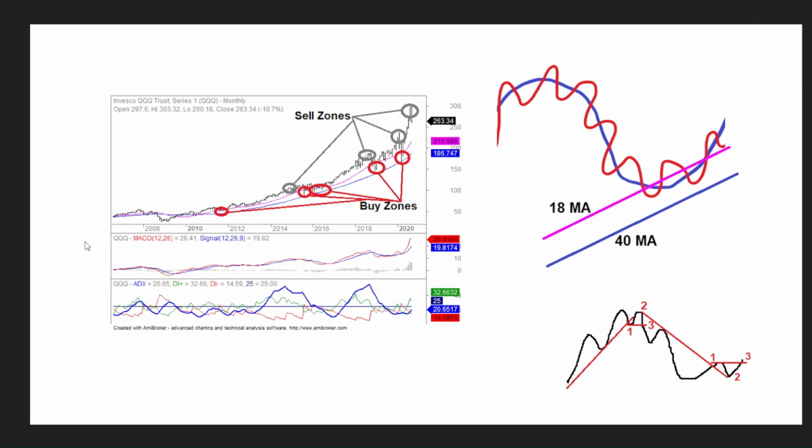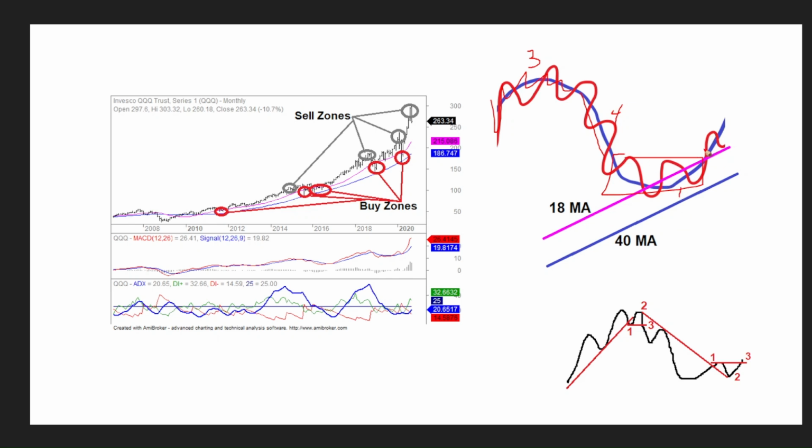Now, if we move on, I do want to give this explanation, and this takes it to the next step. I'm only giving you half of this stage here. So this would be the topping stage. Stage 3 is the topping phase where you top out, and then you go through a downtrend. This is stage 4, and then you start the new basing stage. That's stage 1.